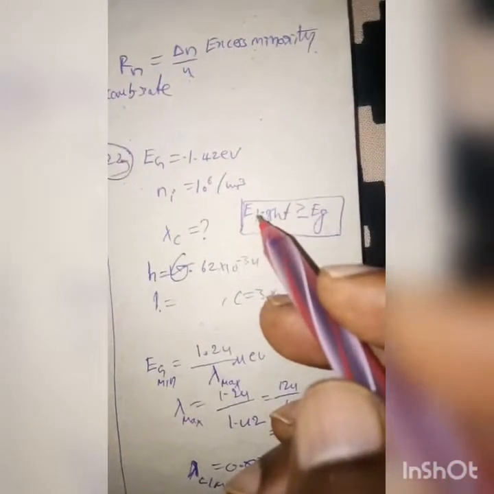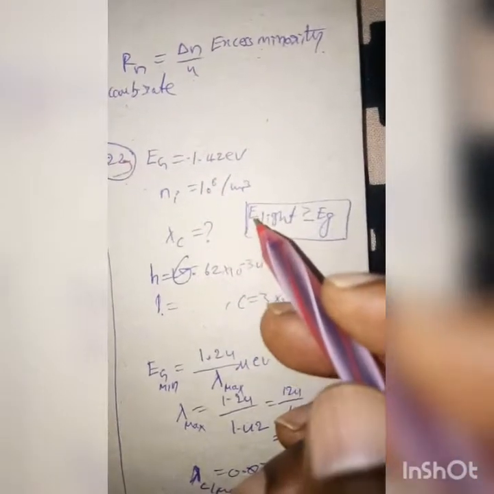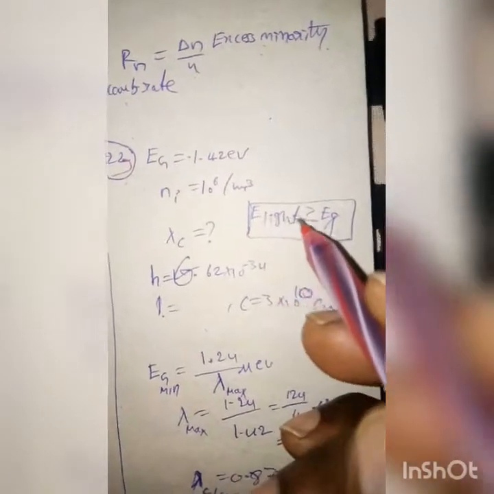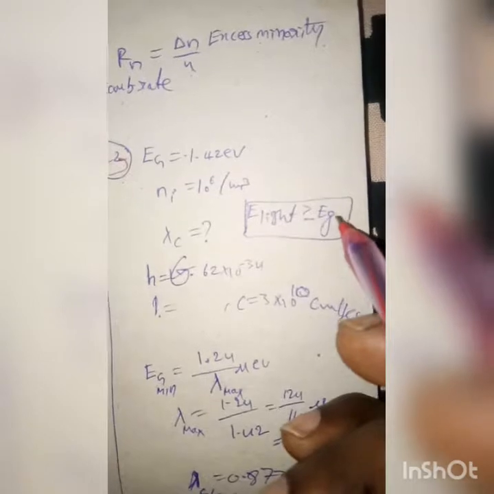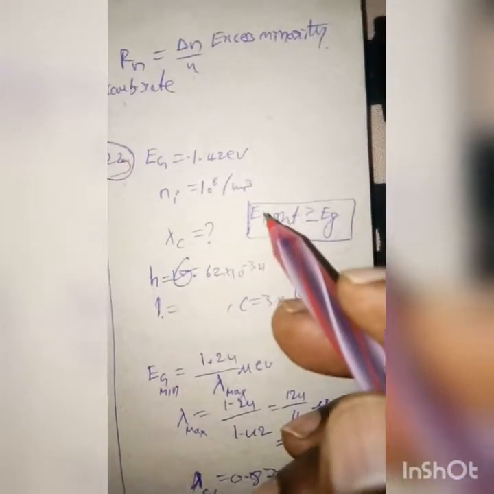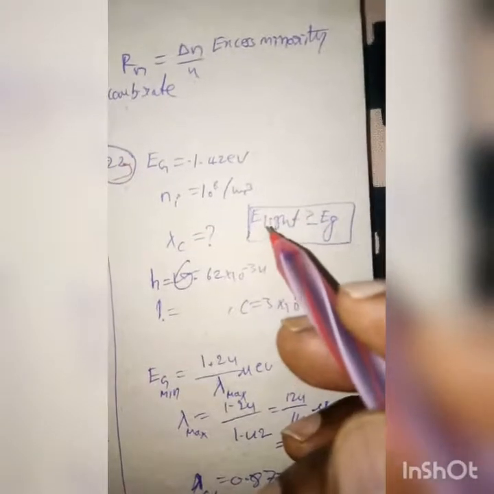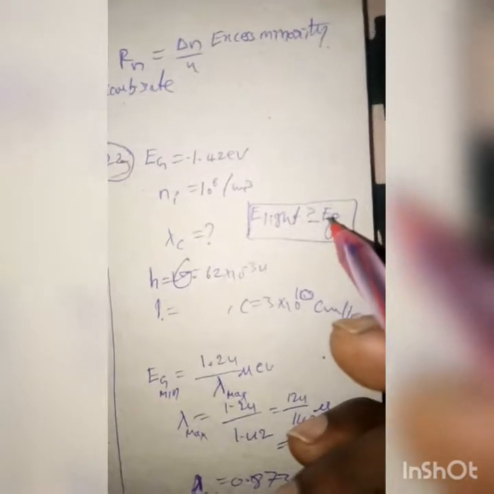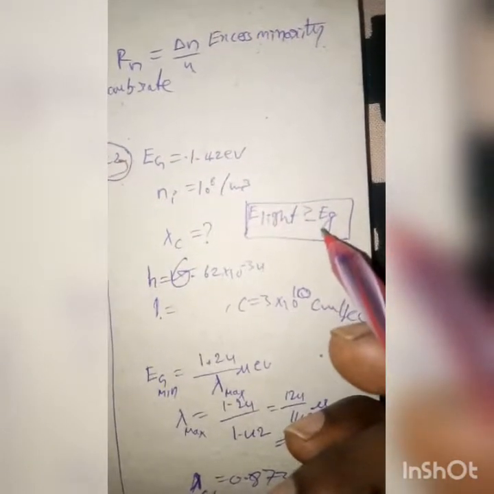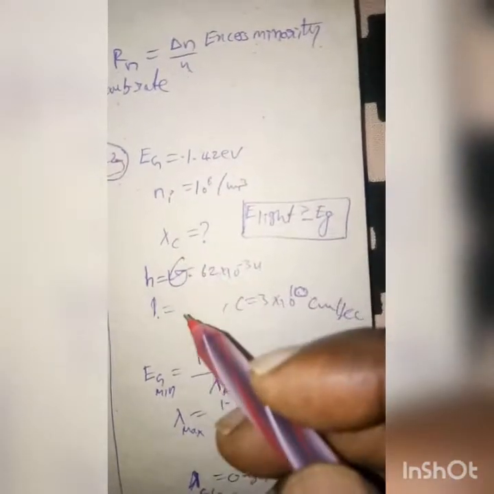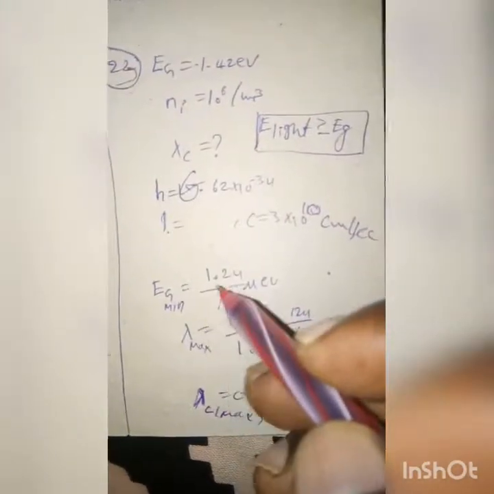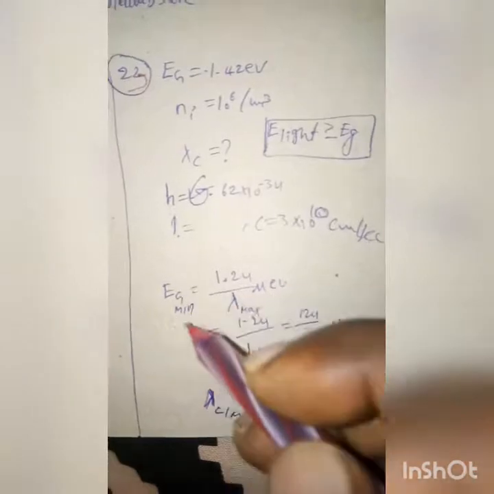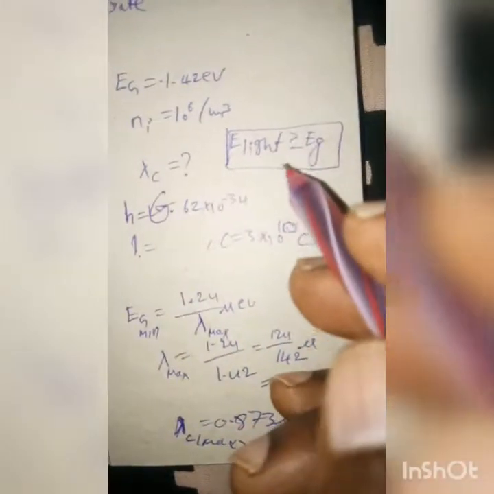If you want to get the absorption, the incident light energy must be greater than or equal to the energy band gap. So Eg is inversely proportional to wavelength. Eg is equal to 1.24 by lambda, in micrometers and electron volts. This is the formula. So the minimum energy should be Eg.